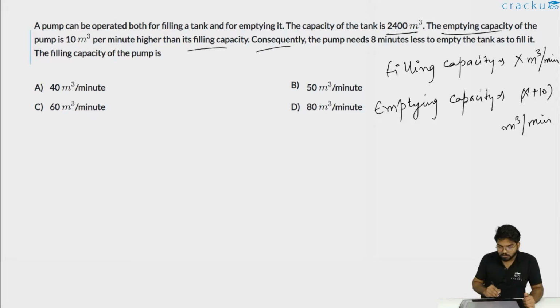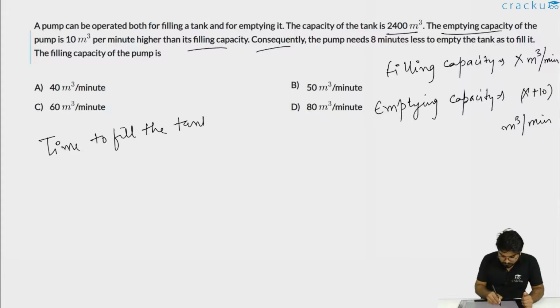Consequently, how much time will it take to fill the tank and how much time will it take to empty the tank? Time to fill the tank: the capacity of the tank is 2400 meter cube and the filling rate is x meter cube per minute.